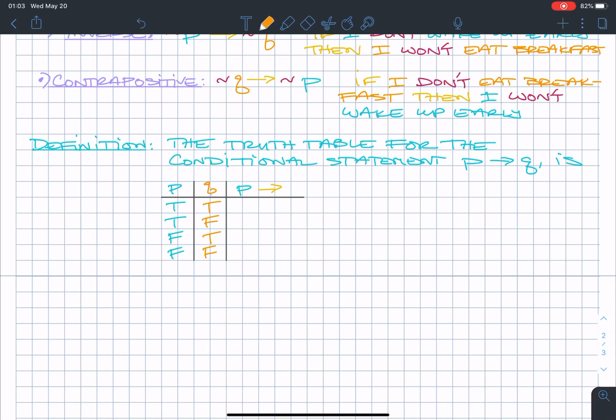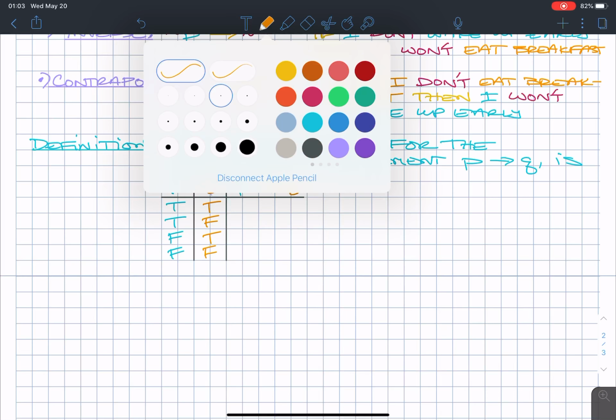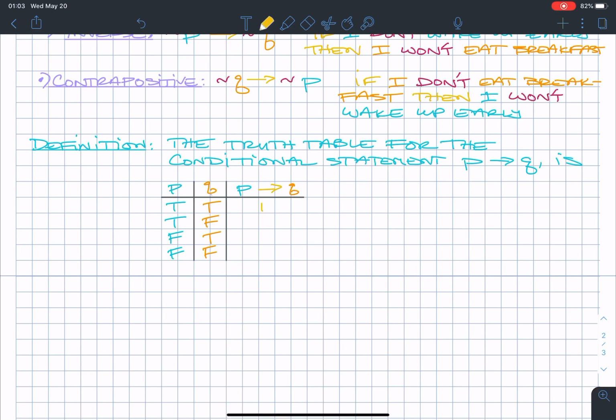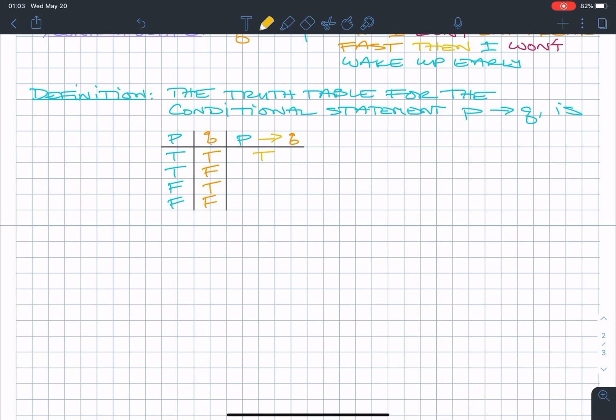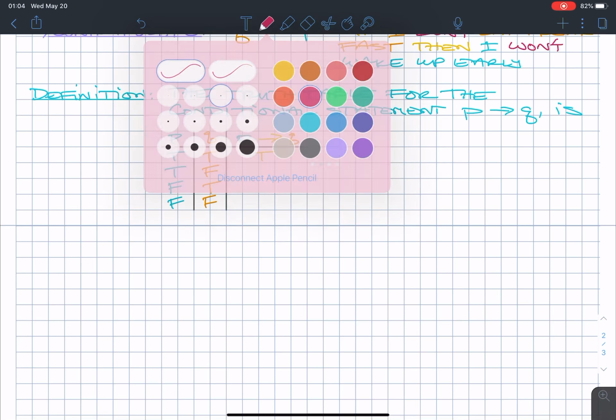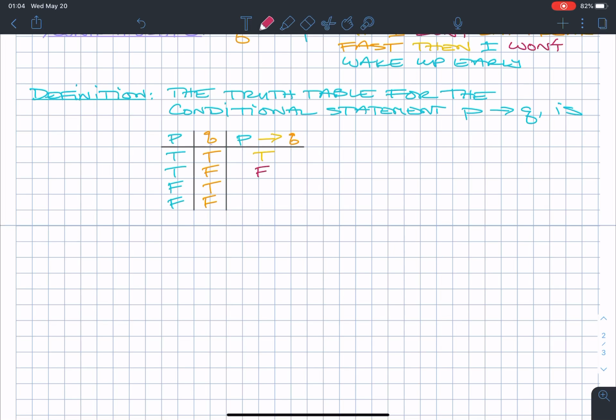Well, let's think about this. Does something true imply something true? Yes, if a true statement, then a true statement, that's true. Can something true imply something false? No, actually it can't. So I'm going to put this as an F in red. However, something false implying something true actually is a true statement.